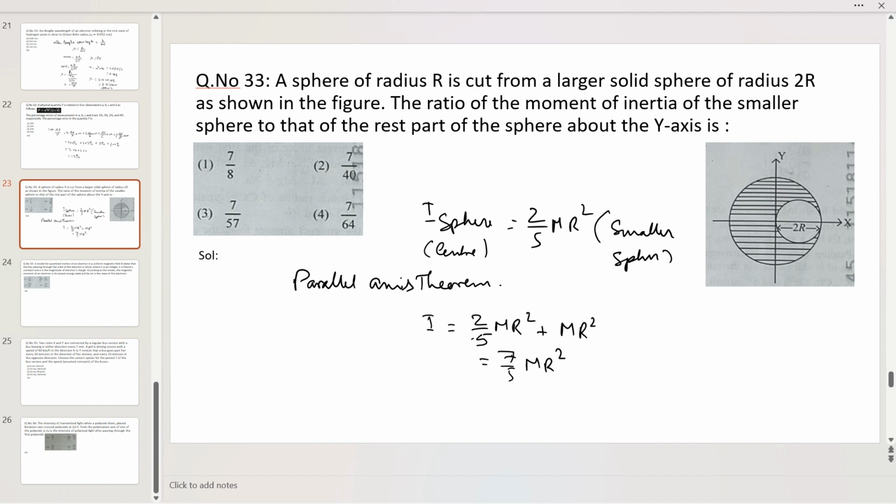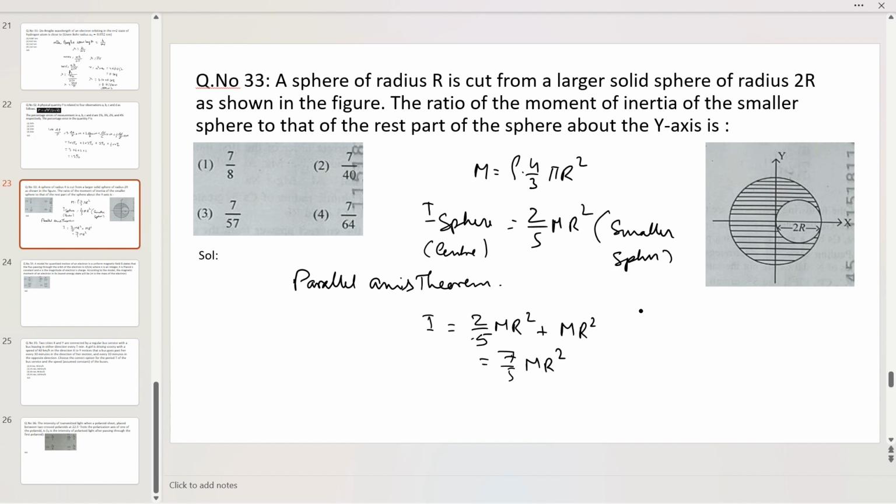One thing I have mixed up here: I must take the mass m. Your mass will be rho into 4 by 3 pi r cube. Here your mass will be this, and for the smaller sphere your mass will be this. This whole calculation is for the smaller sphere.